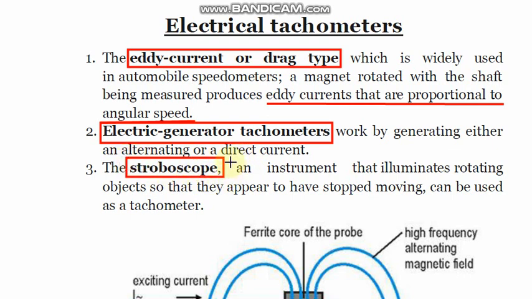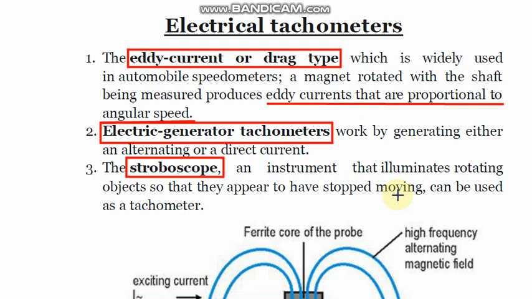The third one is known as the stroboscope, an instrument that illuminates rotating objects so that they appear to have stopped moving.